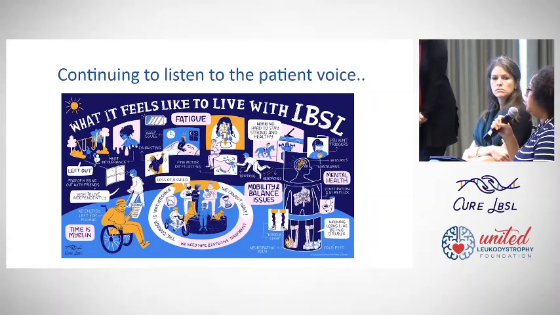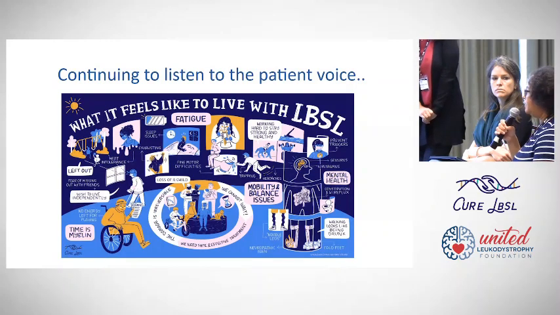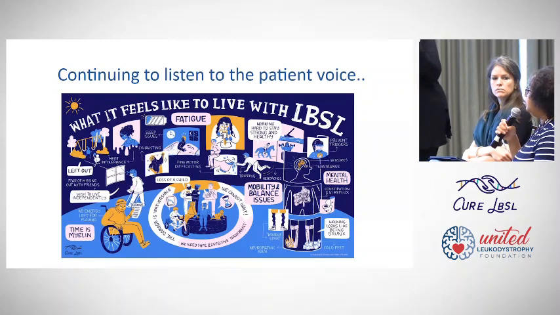Again, for older populations of patients with leukodystrophies that affect the spinal cord, it's a big issue. Sometimes with many, many years of disease, even incontinence issues. So that's something we're tracking.